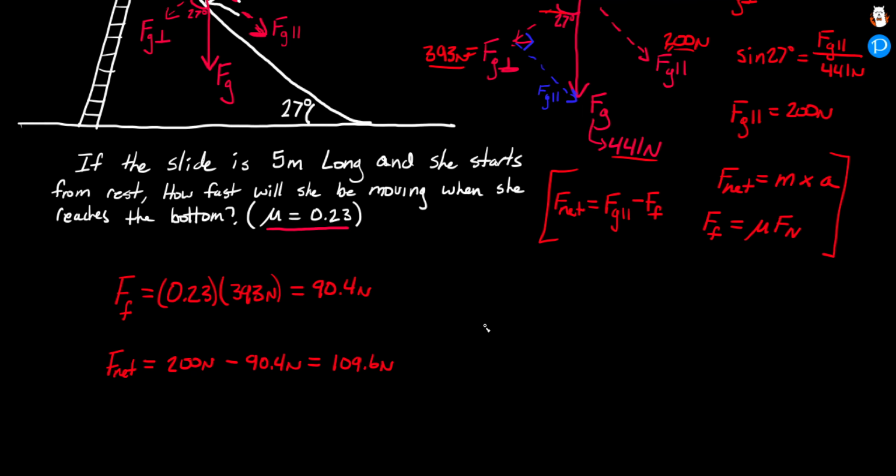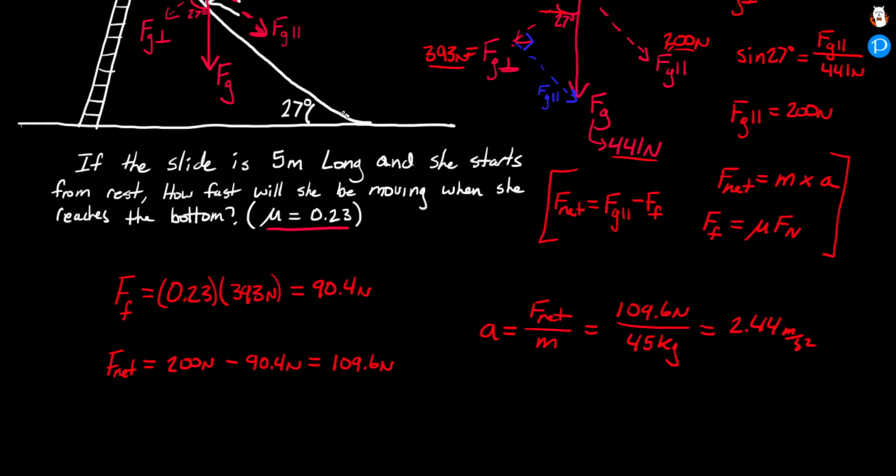And now I can solve for the acceleration, right, using this right here. So the acceleration is going to be equal to the net force divided by the mass. So the net force was 109.6 newtons divided by the mass, 45 kilograms. And so she's accelerating at 2.44 meters per second squared.